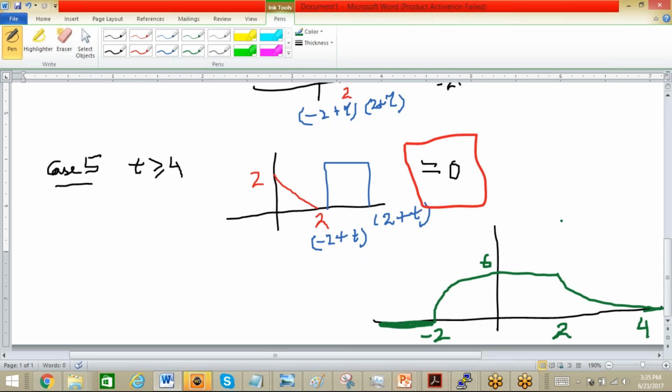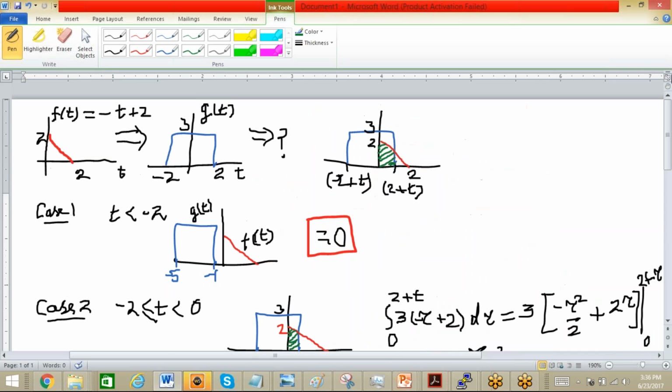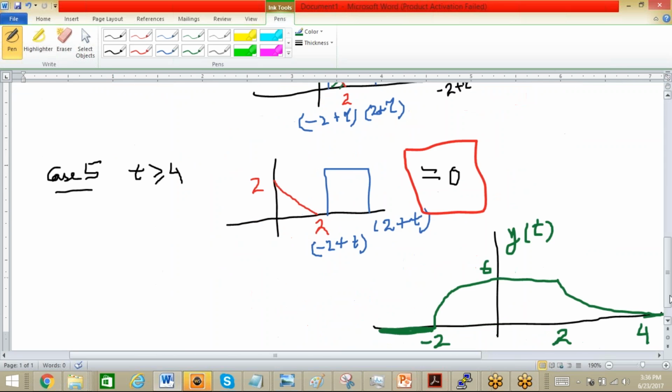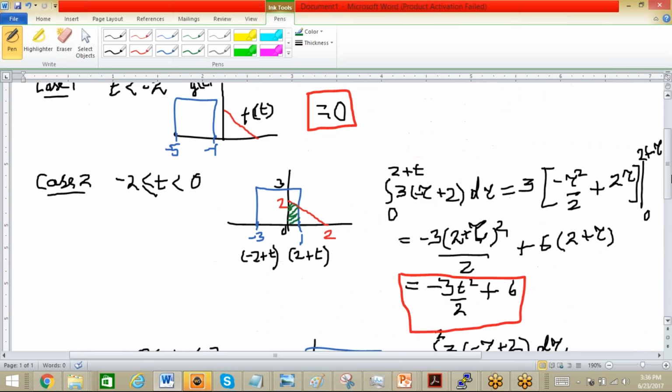So this is the response of the convolution, or in other words, how this given system will respond to a signal like this. Okay, so this is how we can solve some basic problems on signals and systems.